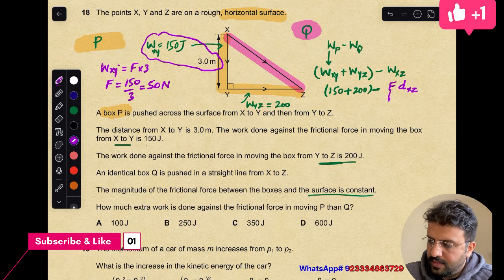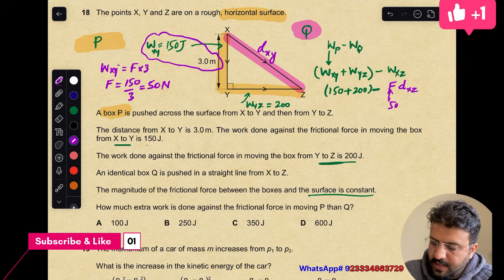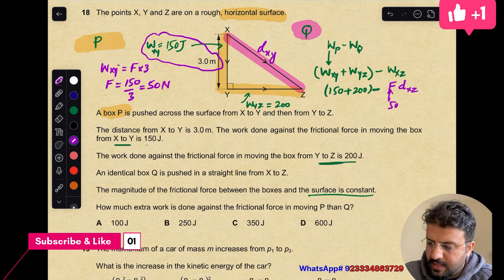Okay, so we have one thing, this is 50. And I need distance. For this distance xz, we can use the Pythagoras theorem, but for this we need this distance first.